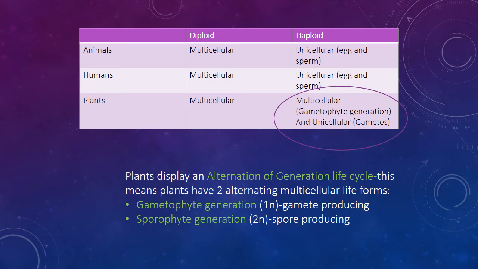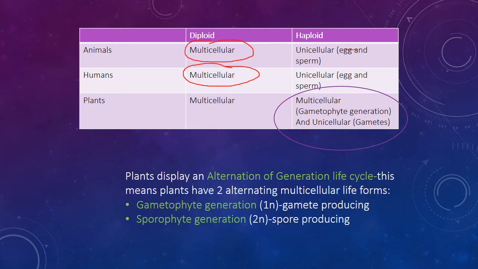So, this chart up here lets you understand sort of how that relates to other kingdoms we've been looking at. Compares it to the animal kingdom. So animal kingdom, we have a multicellular diploid stage, particularly like us, in the form that you live in right now, you are a multicellular diploid stage.